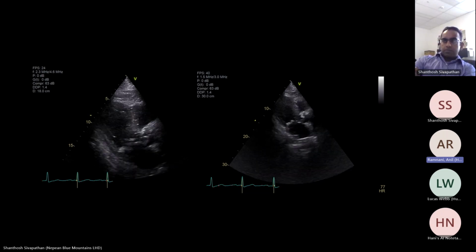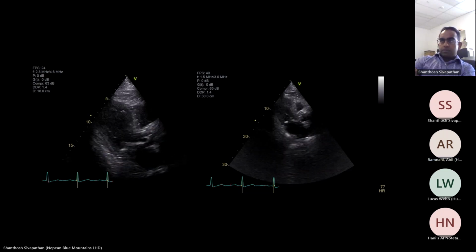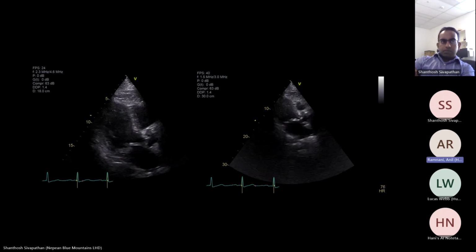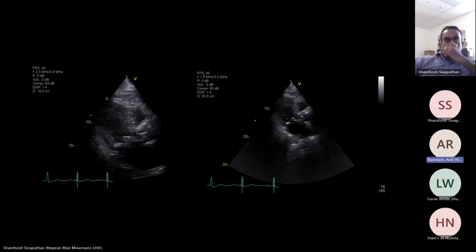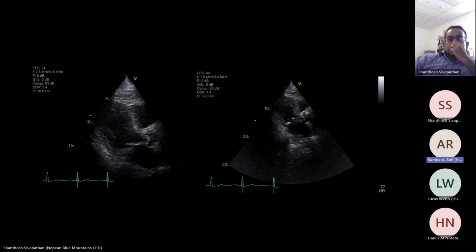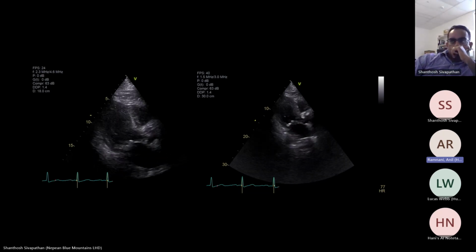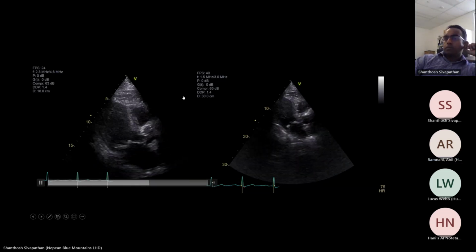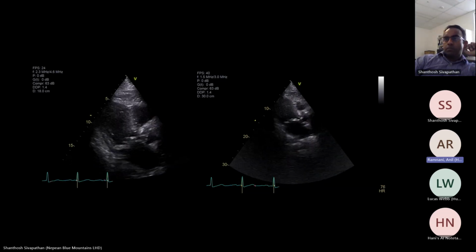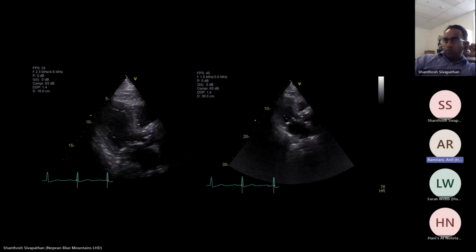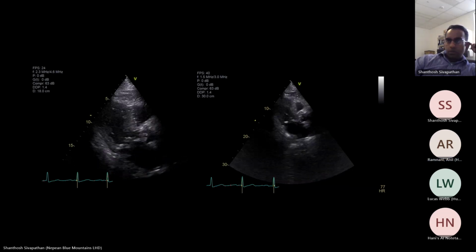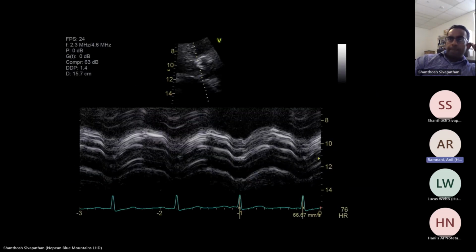Maybe there's some calcification, and the opening is appearing restricted, obviously, at this stage. The LA looks big, and the mitral valve looks abnormal as well. The opening of the mitral valve is restricted. I would like to put a color on this and see if there is a regurgitation on the valve. That's what I can say on the long axis.